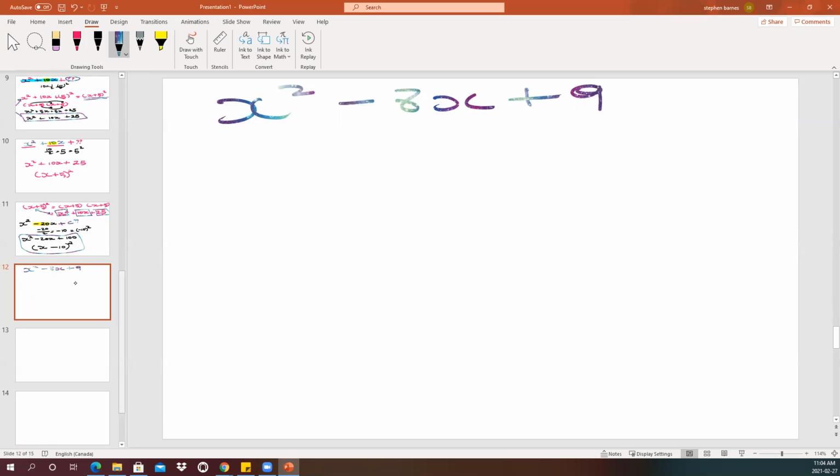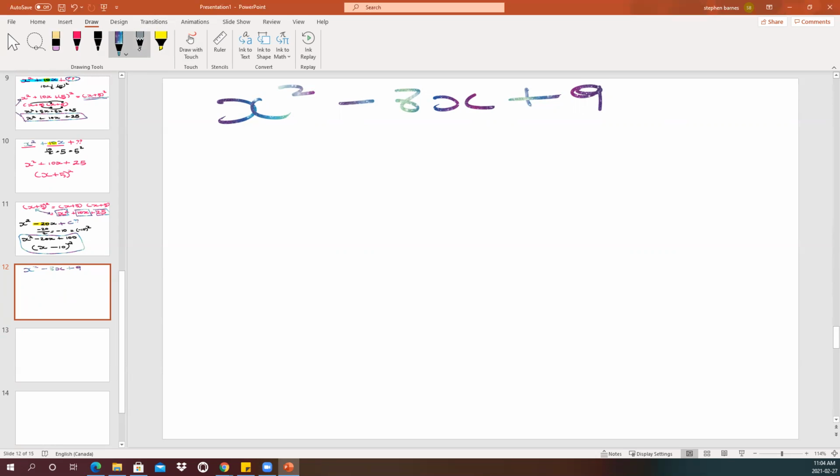And so you can be asked to make it perfect. How you do that is what they call completing the square. You complete it, you make it perfect. Yeah? You get it? So that's what they're asking to do. Complete the square, make it perfect, right?